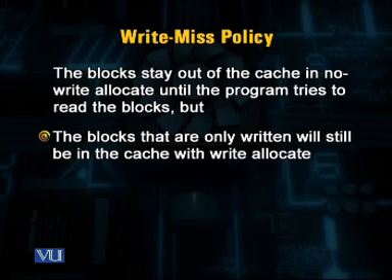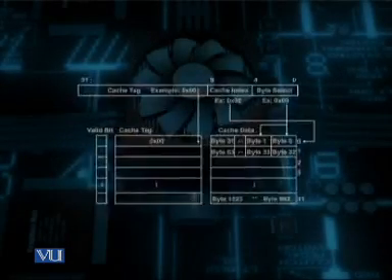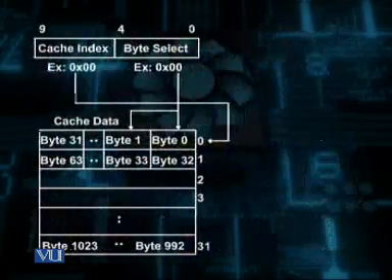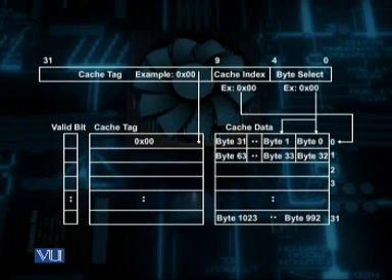Let us discuss this with the help of an example and see what is the difference between write allocate and no write allocate. Let us look at our earlier example of the 1K direct mapped cache again. Here we assume that a 16-bit write to the memory at a specified location causes a cache miss in a 1K byte direct mapped cache that has a 32-byte block size.